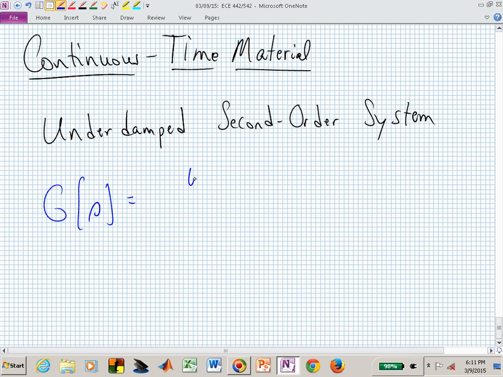So now we could write that as our natural frequency squared over a denominator that's S squared plus 2 zeta omega sub n s plus omega sub n squared.